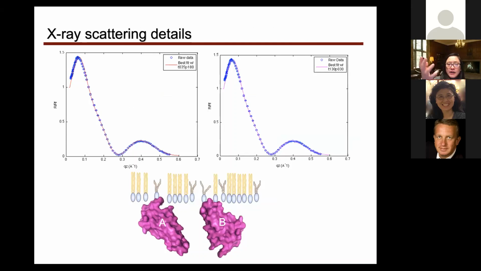But the data does not preclude that there's degeneracy. For example, in this case, we have two most probable spots. Both by eye give very good fits to the theoretical data, but they are indistinguishable. One would give rise to orientation A, and the other would give rise to orientation B. We are lucky in the sense that we were able to distinguish that B is the incorrect orientation, because in this study we are looking at only the binding pocket.